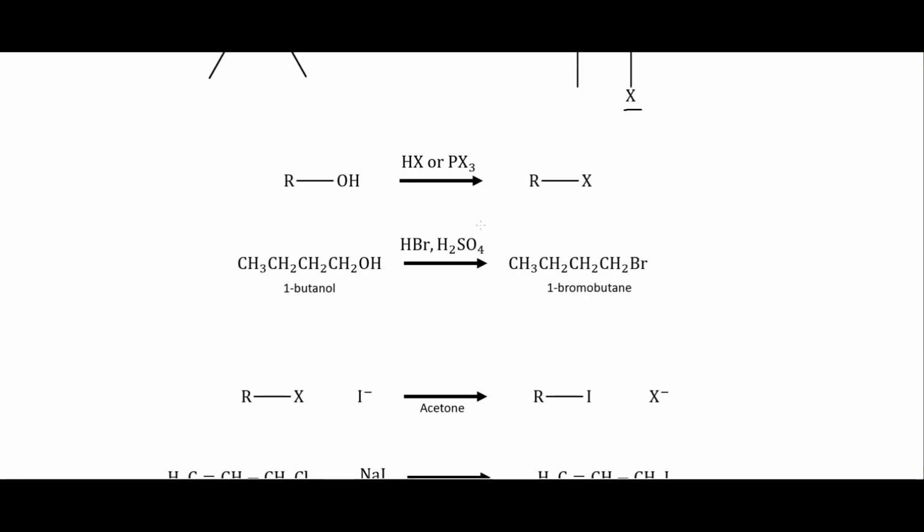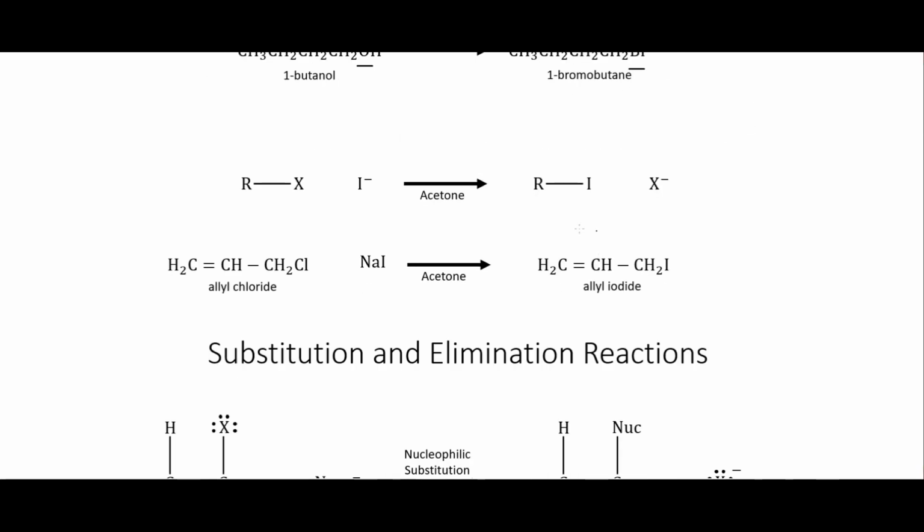We also have this right here where we are replacing this alcohol group with our halogen, and this one again we're replacing this alcohol group with this halogen. So this is just a specific example of this general reaction right here. Again, we're replacing one halogen with another halogen.